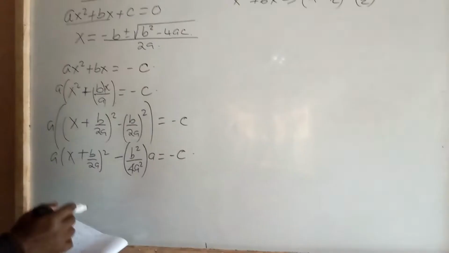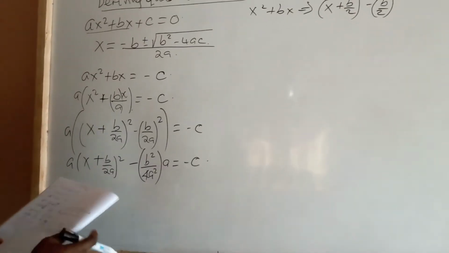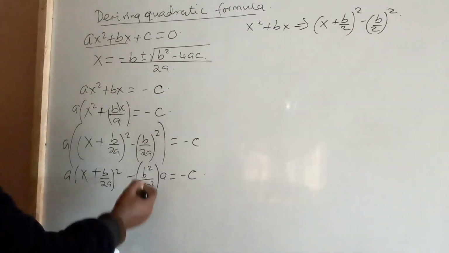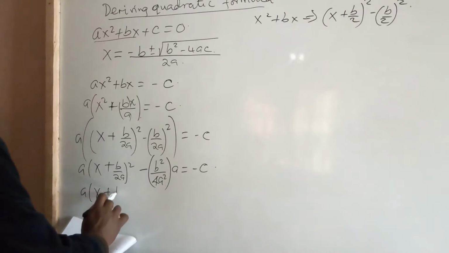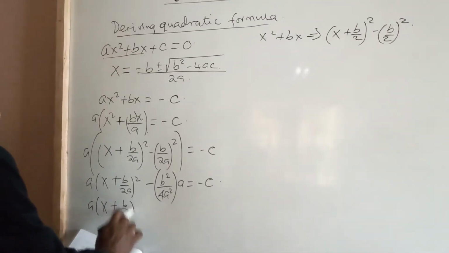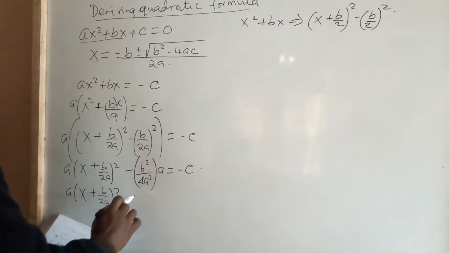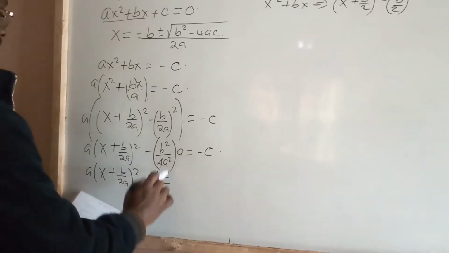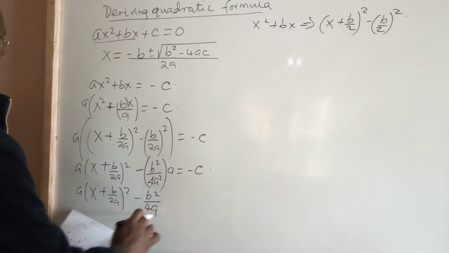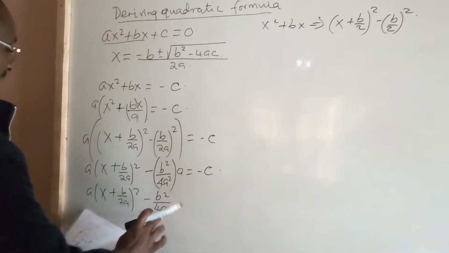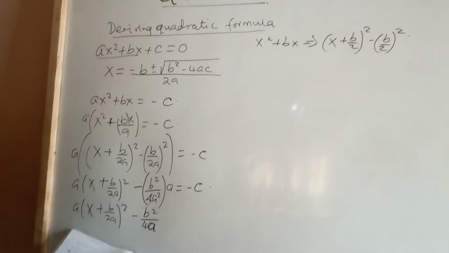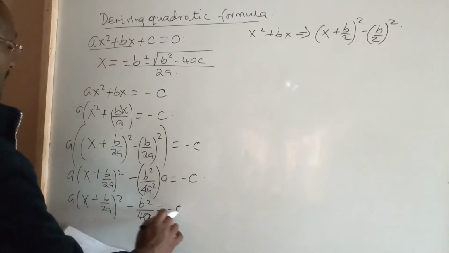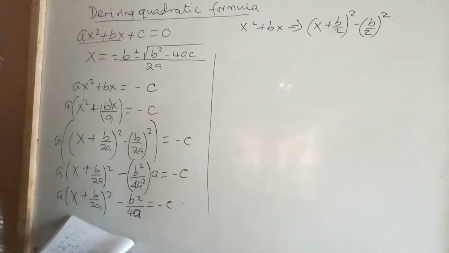Moving forward, when you open this bracket, you're going to have a times x plus b over 2a squared, minus b squared over 4a. Over 4a now, it's not 4a squared because one a will cancel with the other a, equals negative c.